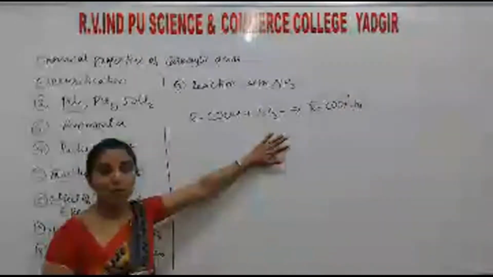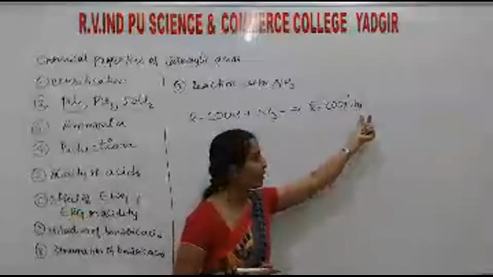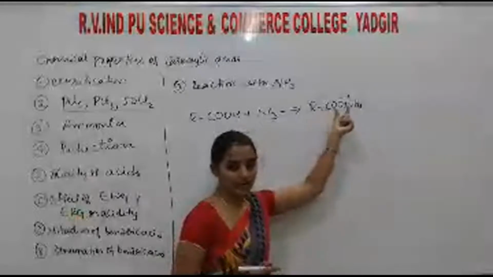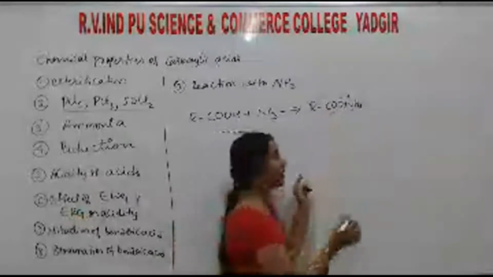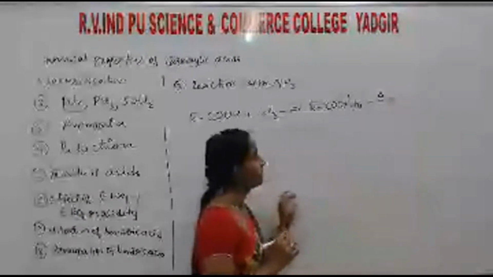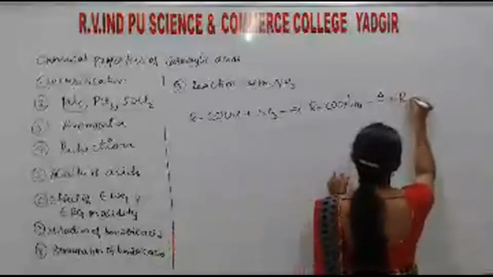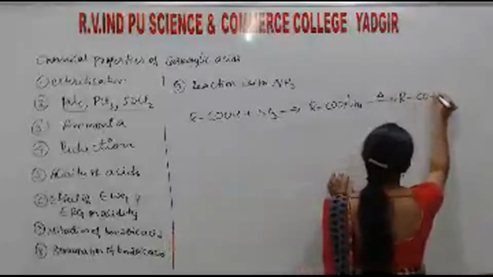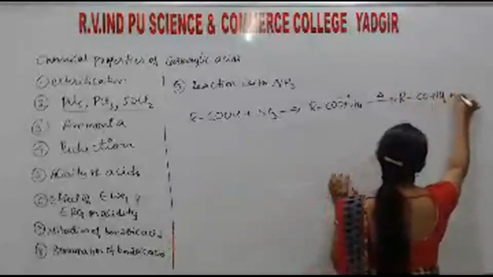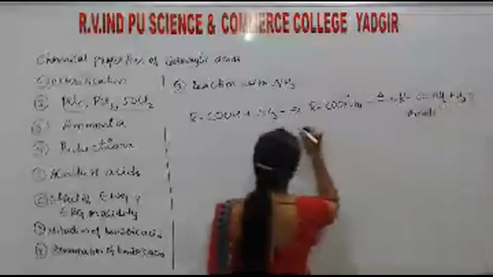Quaternary ammonium salt or ammonium carboxylate. Understand? Later, upon decomposition, understood? They form RCONH2 plus H2O, that means amide.